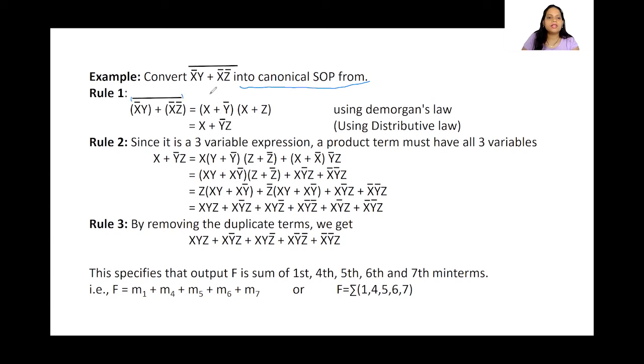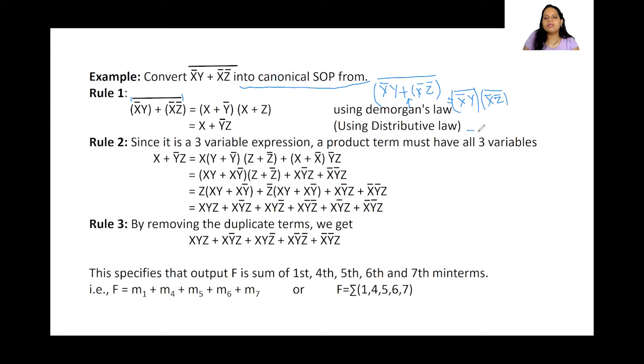First we will remove this entire bar. So what happens when we remove this? x bar y plus x bar z bar, the whole bar, we can write as x bar y whole bar, and the OR operator becomes an AND operator, and we are left with x bar z bar whole bar.